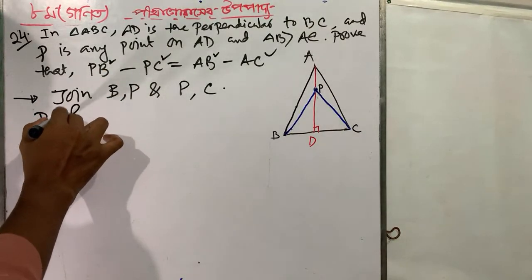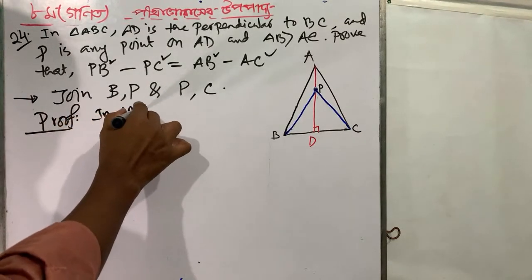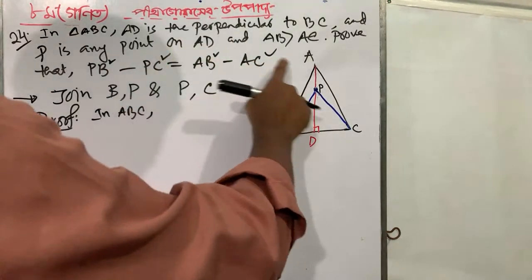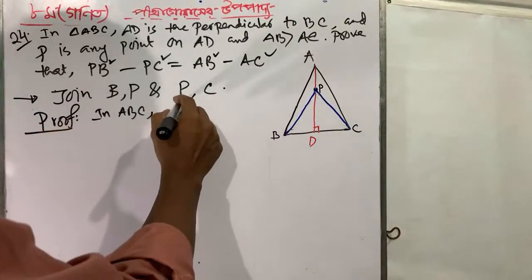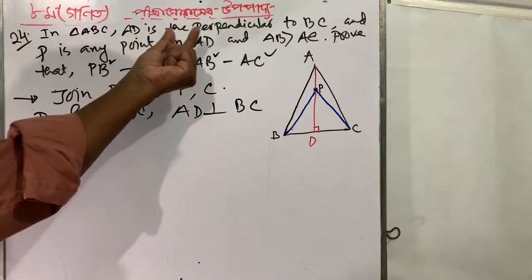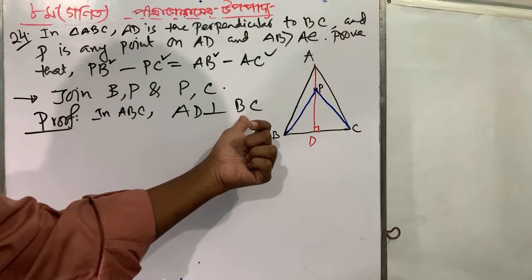Now for the proof, we have triangle ABC, and in triangle ABC they have said that AD is perpendicular to BC.